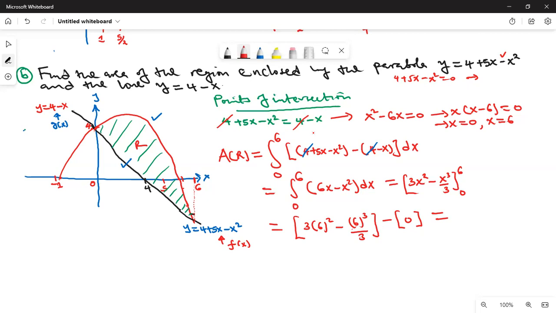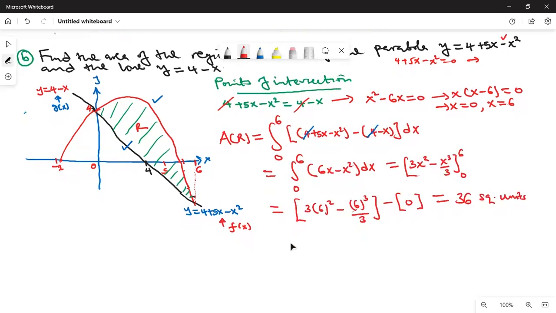So when you press in your calculator, your answer should be equal to 36 square units. So that is 36 square units. Square units because area must be something squared. When you know the units, you square that unit.